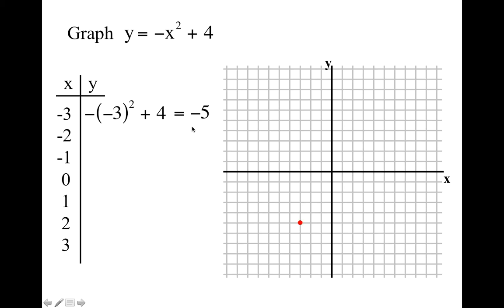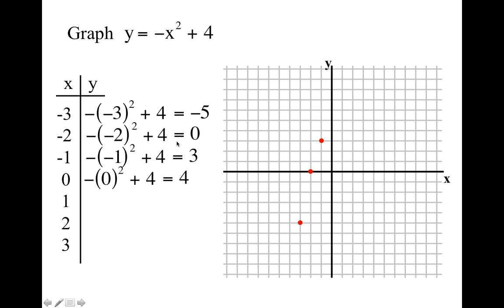Locations of negative signs are very important. Same thing with the next one. Negative 2 squared is positive 4 times negative 1 is negative 4. Negative 4 plus 4 equals 0, and so on. And we are graphing as we're finding these values, and hopefully you're recognizing, look what's happening to this one.